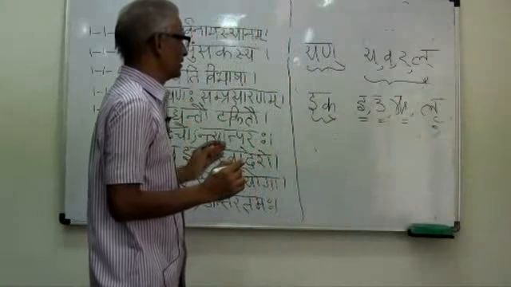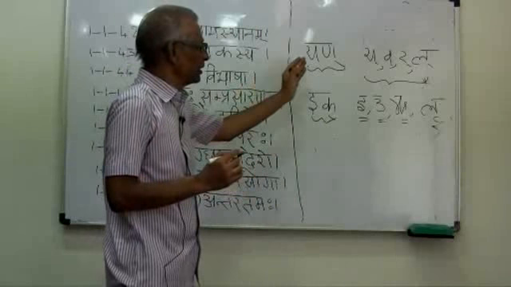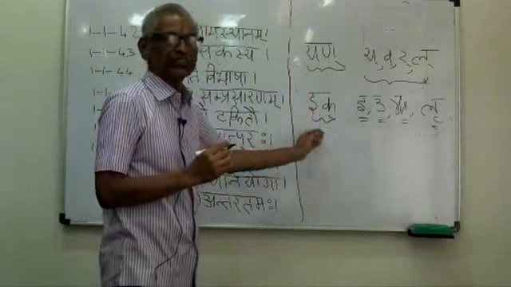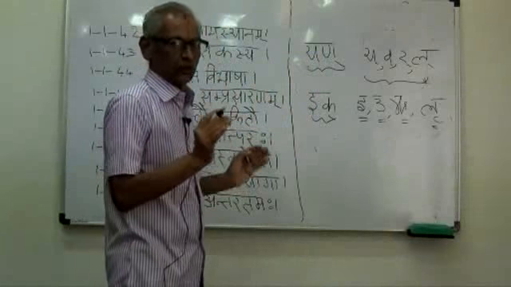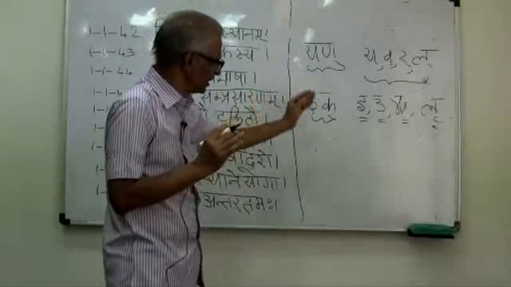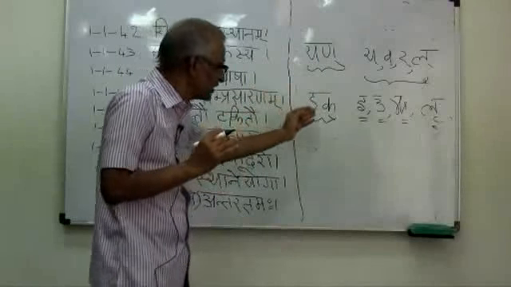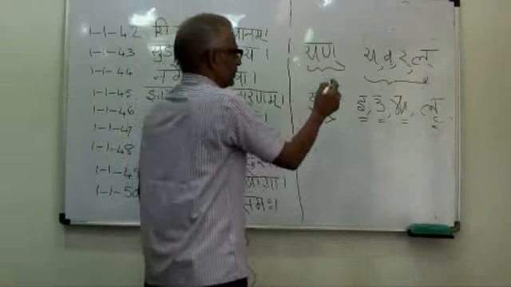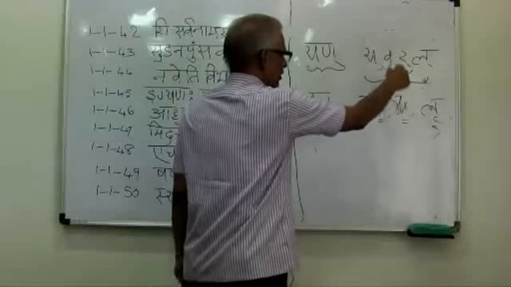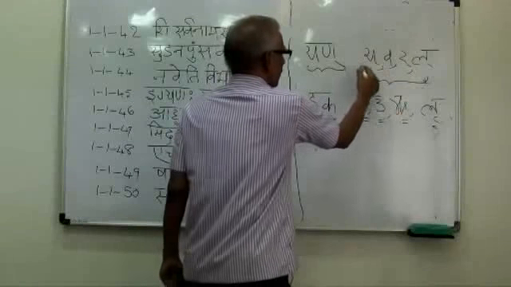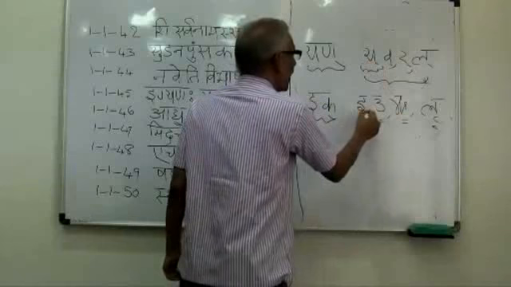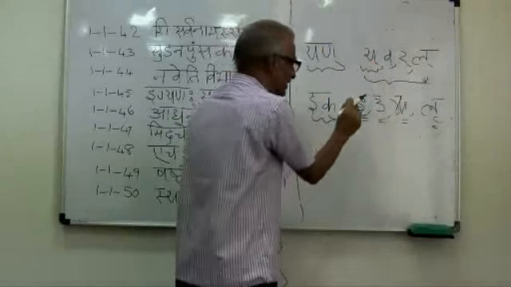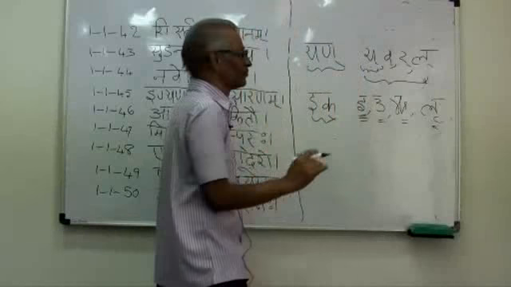This sutra says, whenever in the place of yan, ik is ordained, is prescribed by a sutra, then this ik is called samprasaranam of yan. In the same order, whenever ikara is prescribed in the place of yakara, that ikara is called samprasaranam.